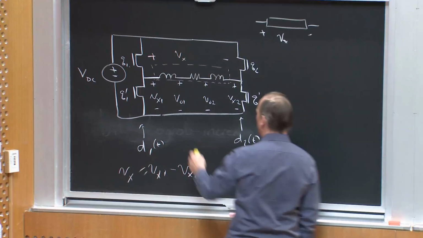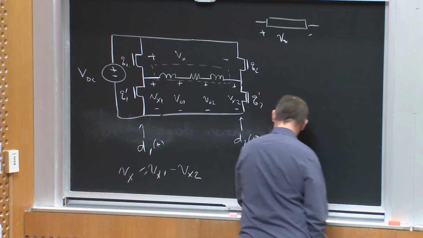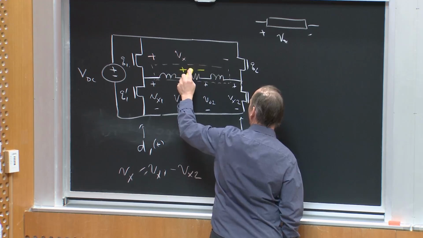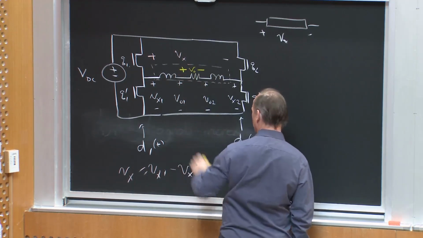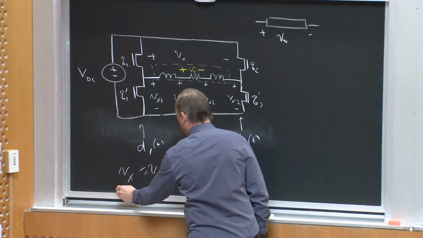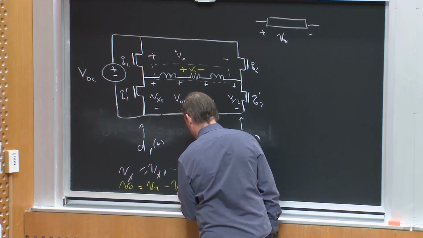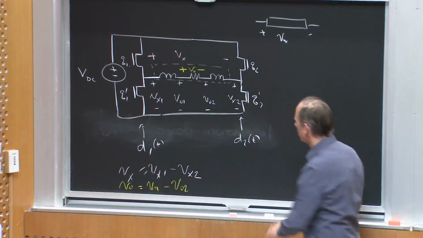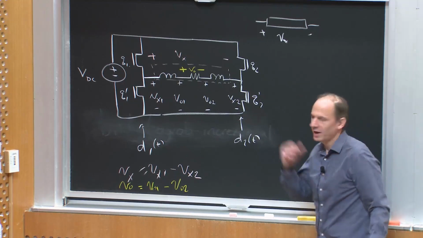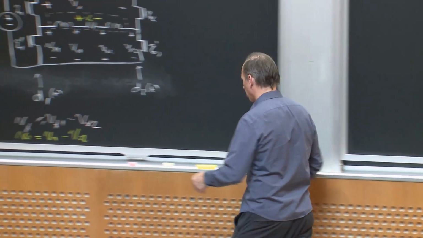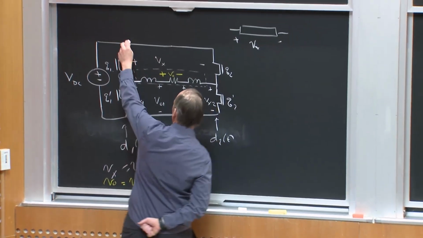And I could think of my output voltage Vout across the resistor as being equal to Vo1 minus Vo2, right?